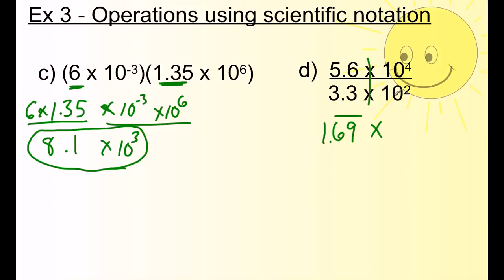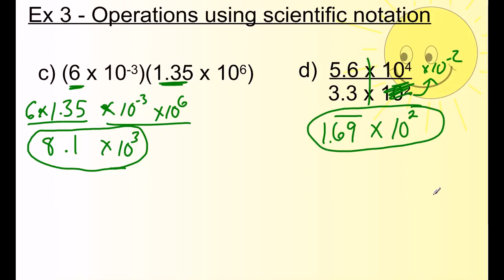Times by, alright, so again, we're going to move this guy up top, which becomes times by 10 to the negative 2. And now we add the exponents together. So 4 plus a negative 2 is 2. And there we are, in scientific notation, 1.69 times 10 squared.